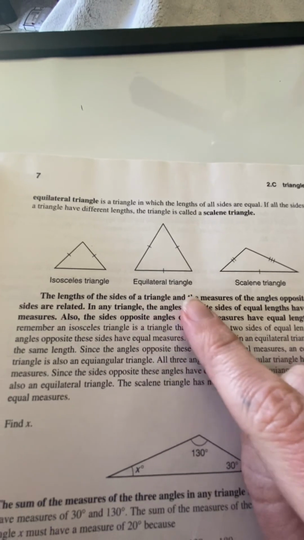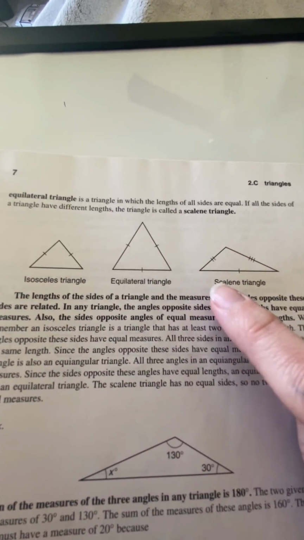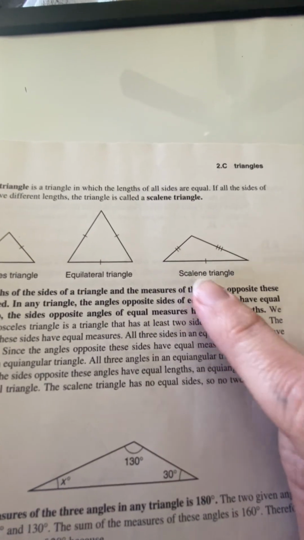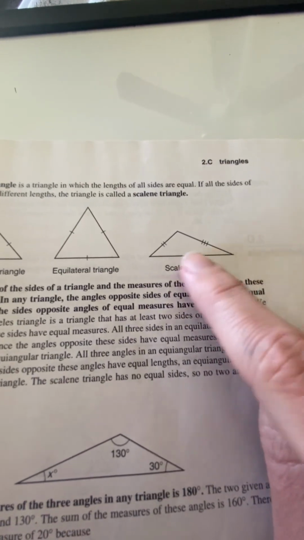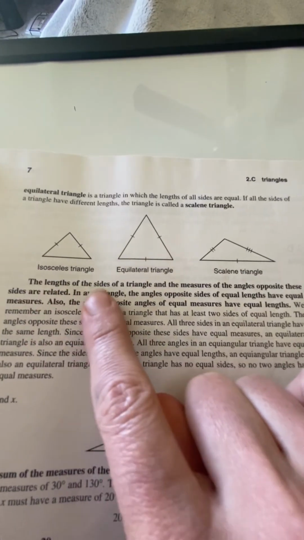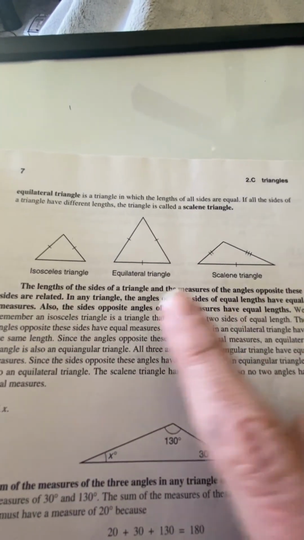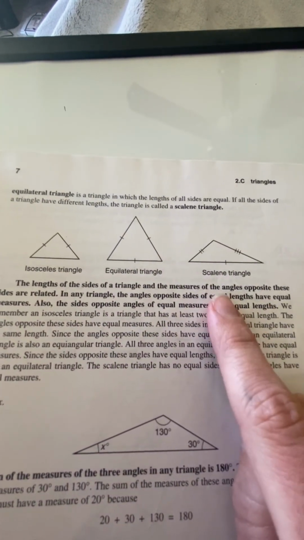An equilateral triangle means all 3 sides are the same. A scalene triangle means none of them are the same. So this has 1 hash mark, this has 2, this has 3. That means none of those sides are the same. So these triangles have names based on their sides. Isosceles, equilateral, scalene.